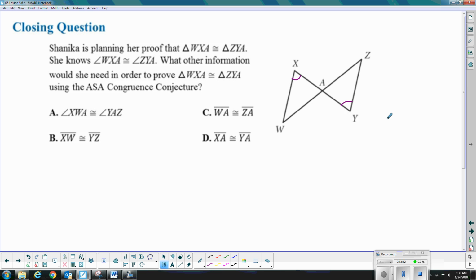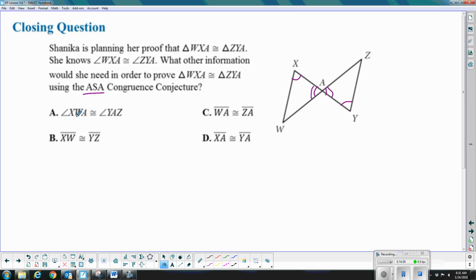What other information does she need to prove the two triangles are congruent using angle side angle? Well, if you just look at what else you know here, you know that these two angles are congruent because they're vertical angles. So we need angle side angle. That means we need XA is congruent to YA.